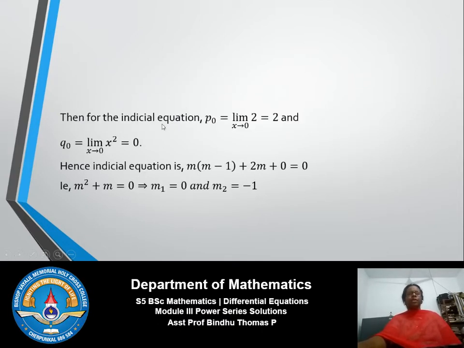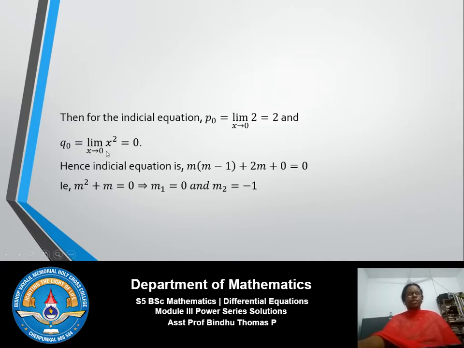Then, for writing the indicial equation, we have to calculate p0. You already know that p0 is the limit as x tends to x0 of (x minus x0) p(x). Here it is limit x tends to 0 of x p(x), that is 2, a constant. Again, q0 equals limit x tends to x0 of (x minus x0)² q(x).